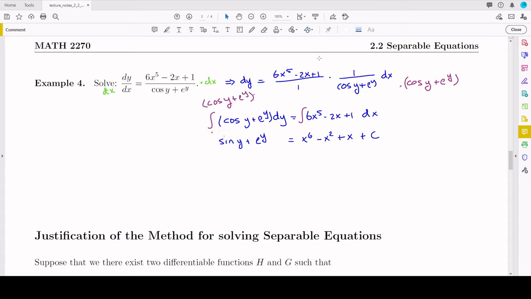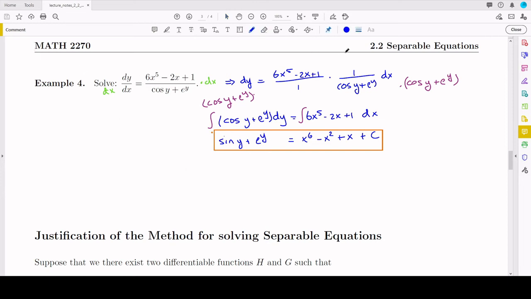So that is our final answer. On an exam, I will let you know that an implicit solution is fine, so that you don't have to try to figure out how to solve this for y.